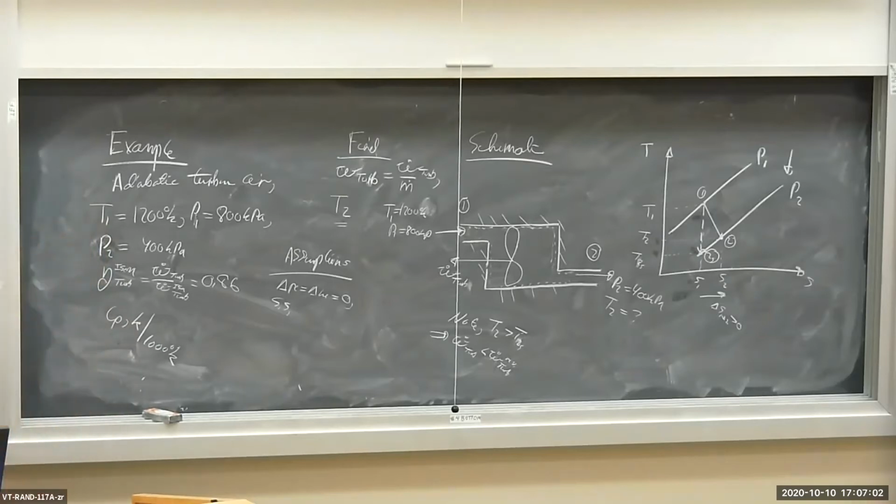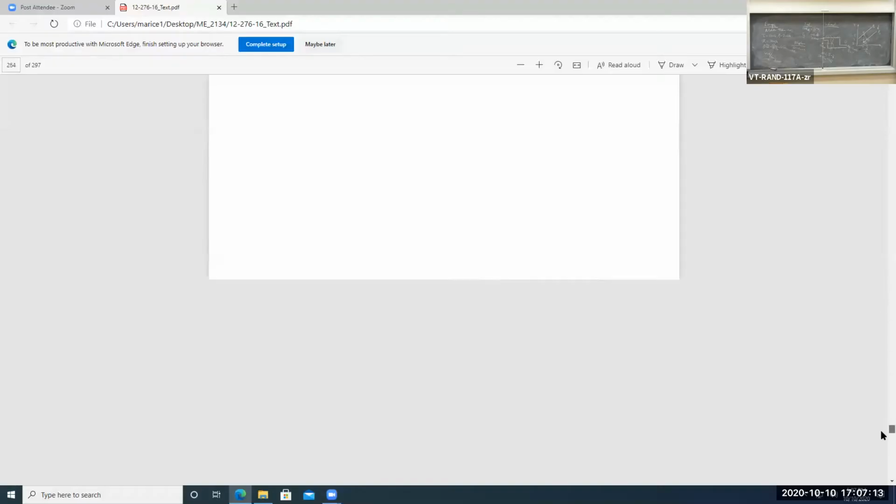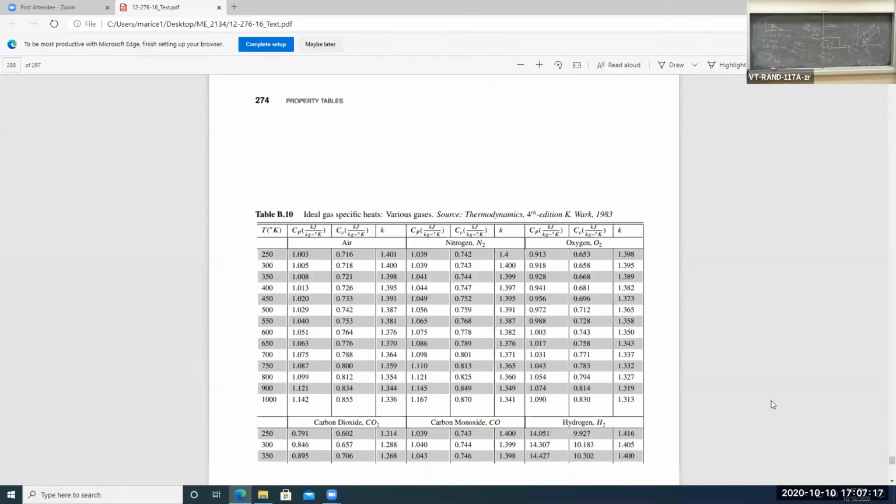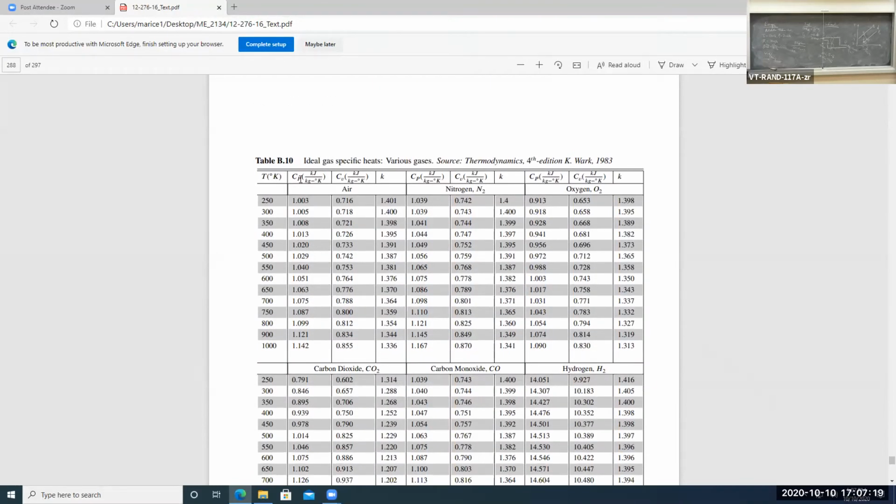So let's go to specific heats for air, in the property tables. Cp and K for air. This is table B10. I only go up to 1,000 degrees, that's why I chose 1,000. I see K is 1.336.